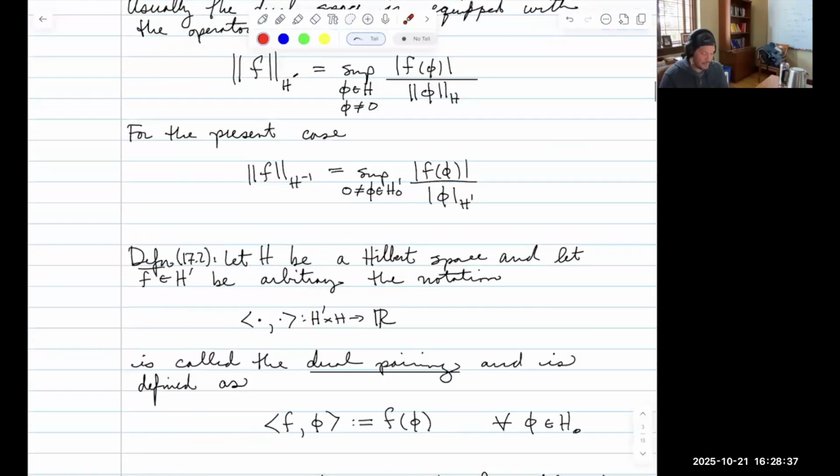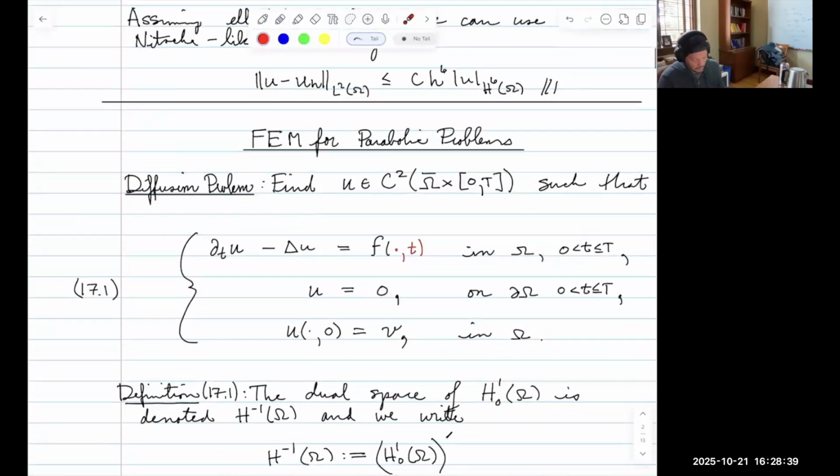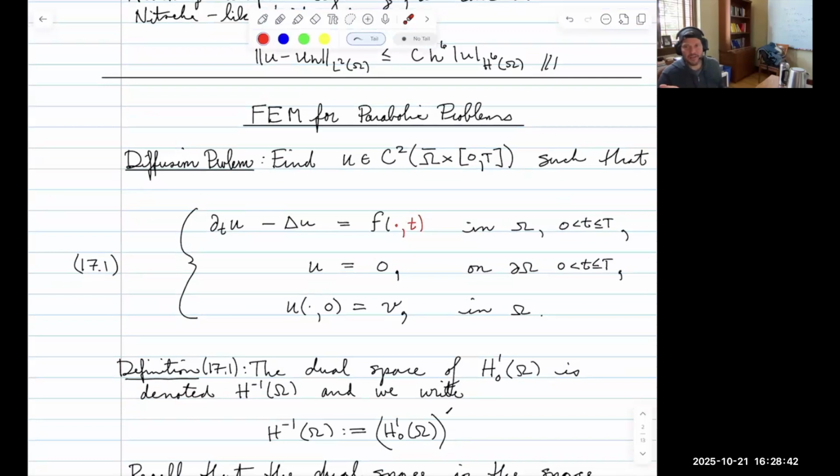Now we're ready to write out the weak formulation of this problem, the diffusion problem. By the way, why is it called the diffusion problem? It's related to the heat equation. You can see it's the same as the heat equation. It's also related to what's called Fickian diffusion, a model that describes the diffusion of some sort of species, let's say, or a droplet of dye in a large pool of water. So this would be a good model of that.